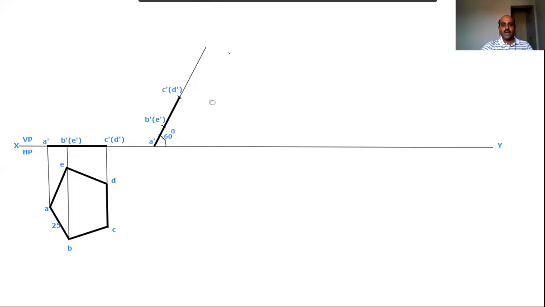So now draw the vertical projectors from each point.